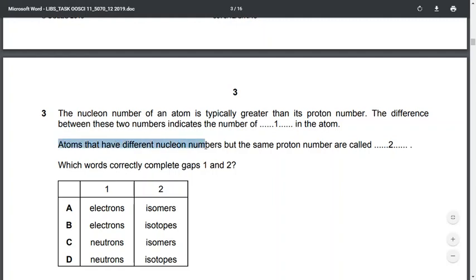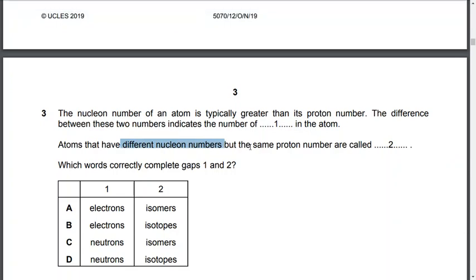Atoms that have different nucleon numbers but the same proton number are called. Here, make sure you have seen these were different nucleon numbers. That means nucleon number can be changed, but the same proton number. This is a fact that remains for all atoms: their proton number is their identity, and your identity cannot be changed. Proton number can never ever be changed.